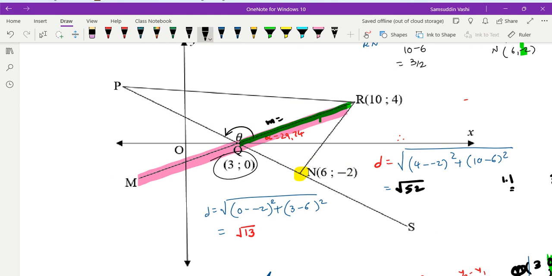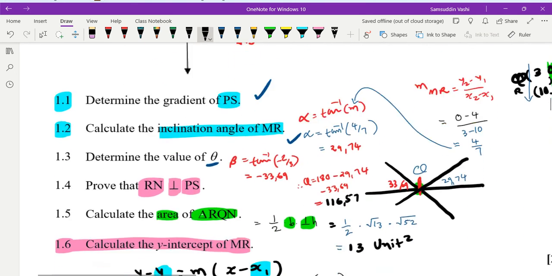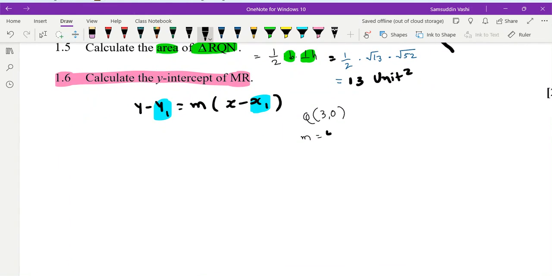M we calculated: 4 minus 0 over 10 minus 3. Let me calculate, 4 minus 0, 10 minus 3. How much is it? 4 over 7, isn't it? So my gradient is 4 over 7.